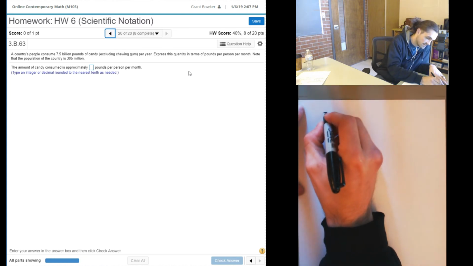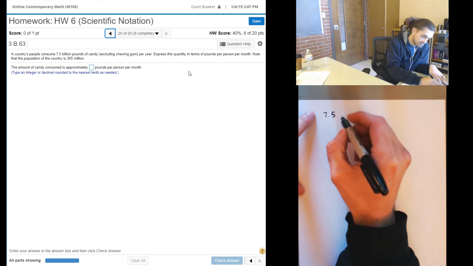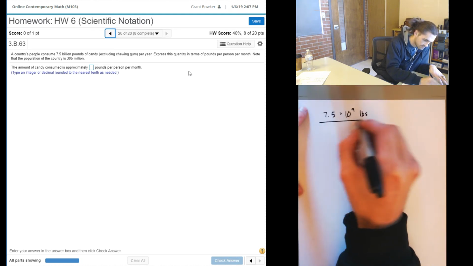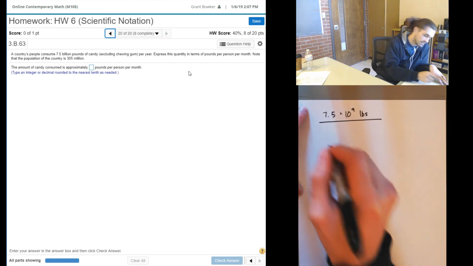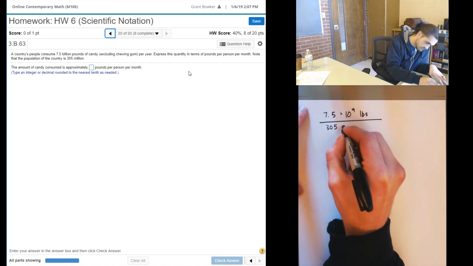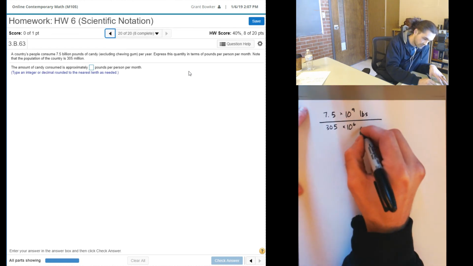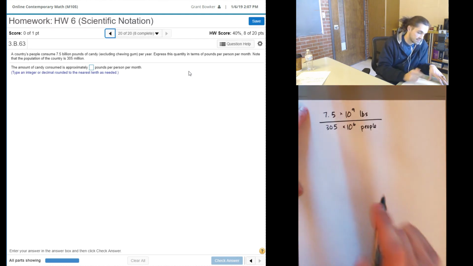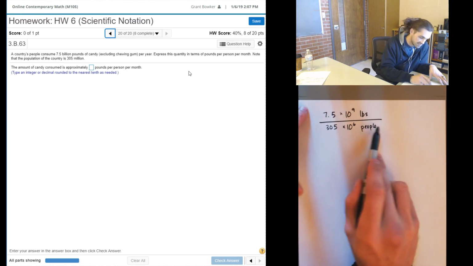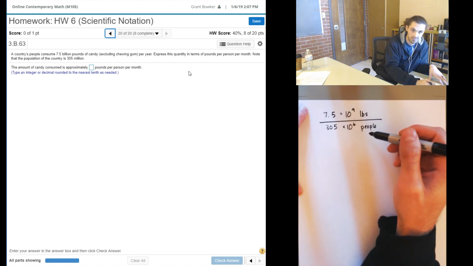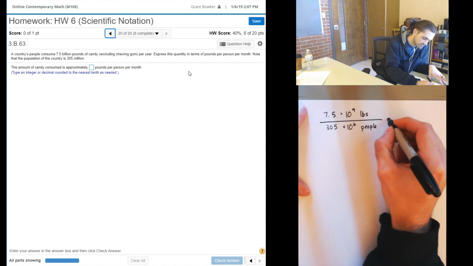So we have 7.5 billion, 10 to the 9, that'd be pounds of candy per 305 million people. So this is the amount of candy, this is the amount of people. So we'll get the amount of candy eaten by one person, and this is within a year's time.